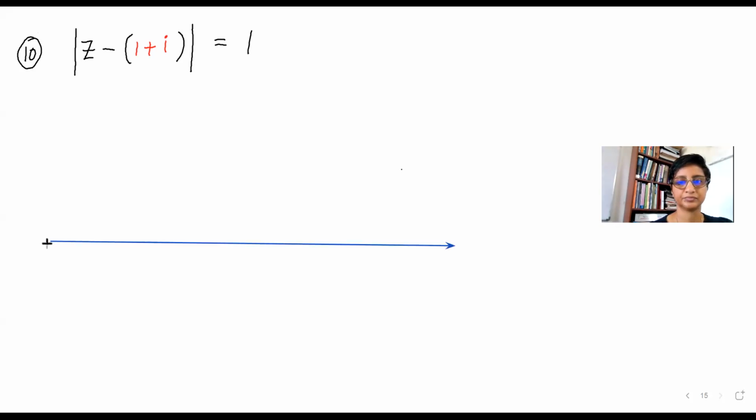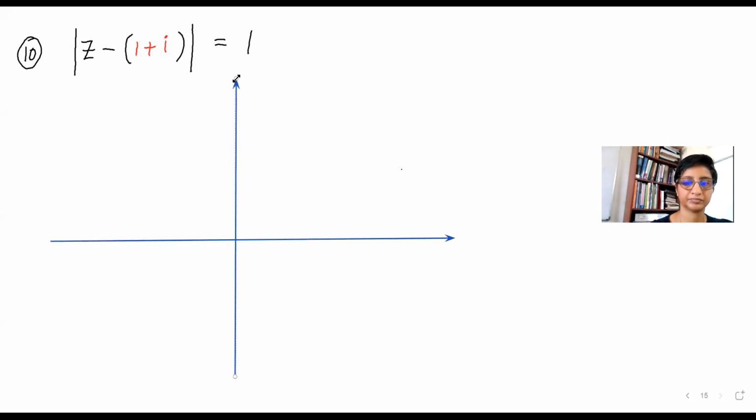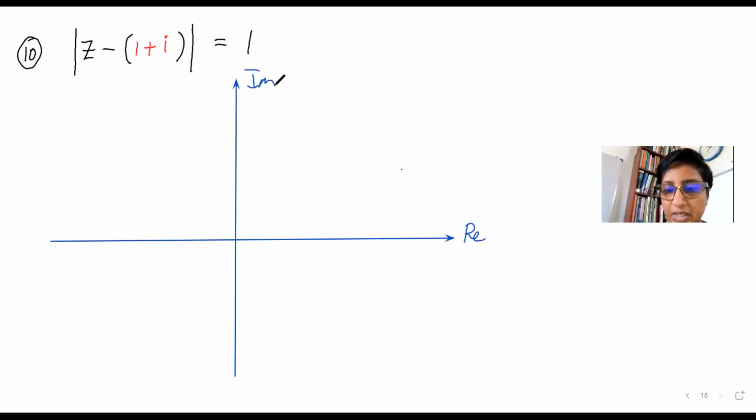Modulus of z minus u equals 1. That's u.